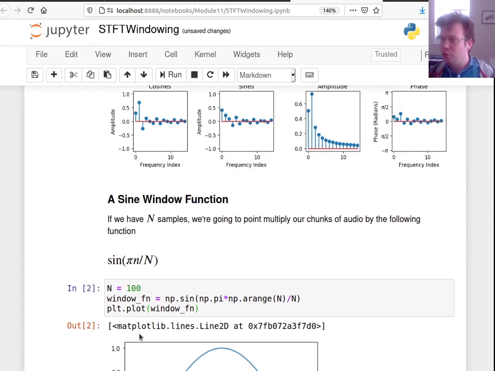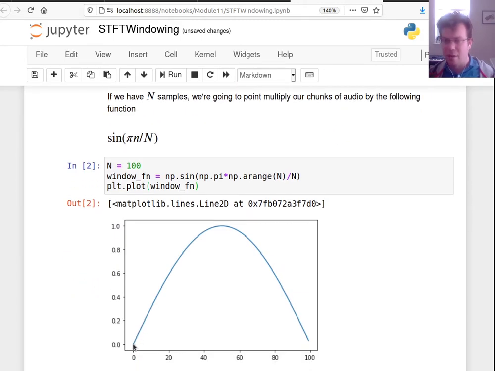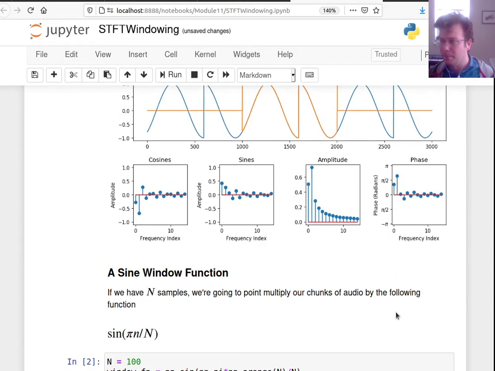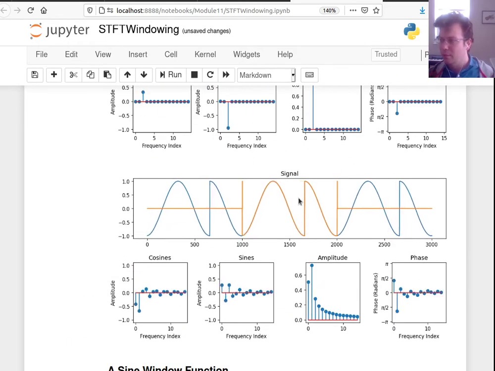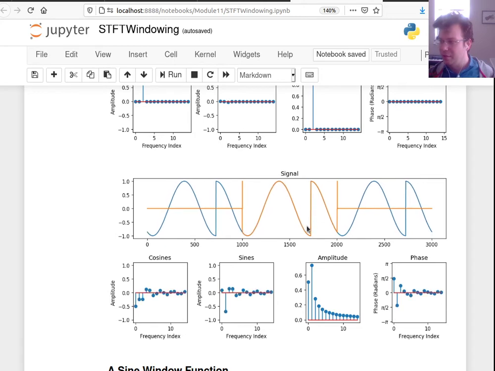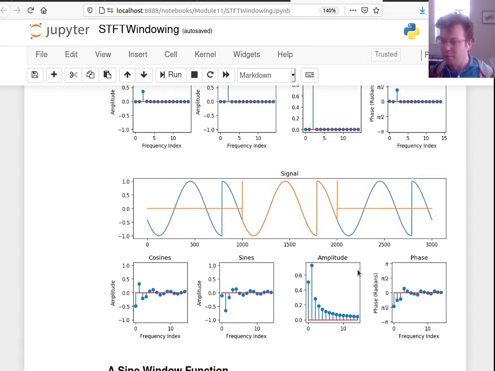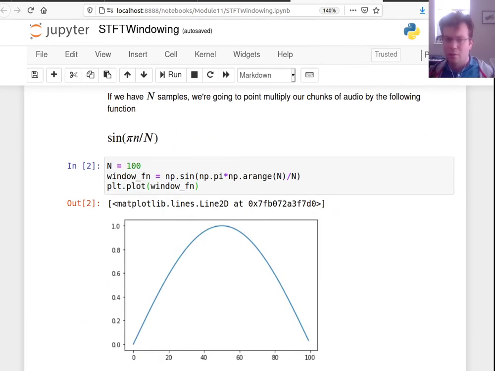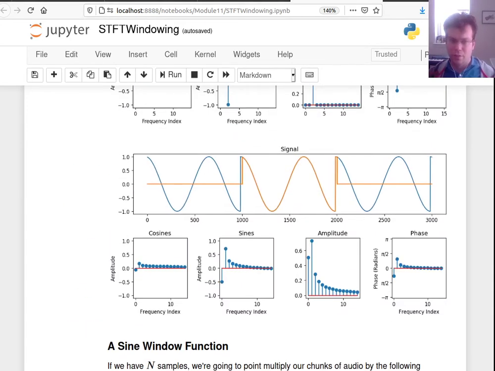So what this is going to do is damp down things towards the beginning and end of the period. So it would actually damp this down here so it wouldn't jump so much. That would actually be multiplied by 0. So let's see what this looks like on that same cosine that doesn't go through an integer number of periods.